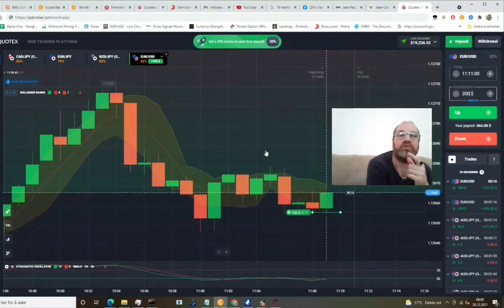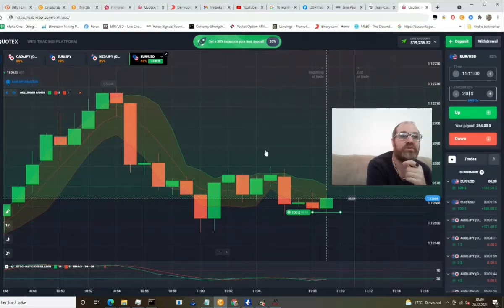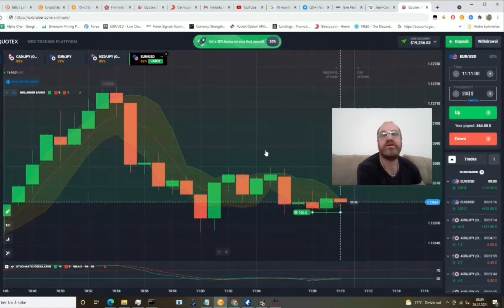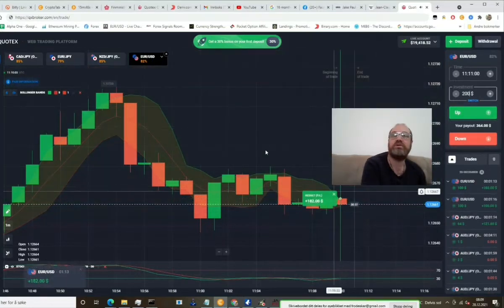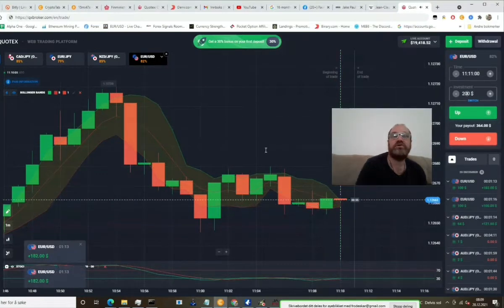Now we are deep in the money, but still we need to wait. We can't count our money before the timer says 0. But yes, looks like this will be a winner.